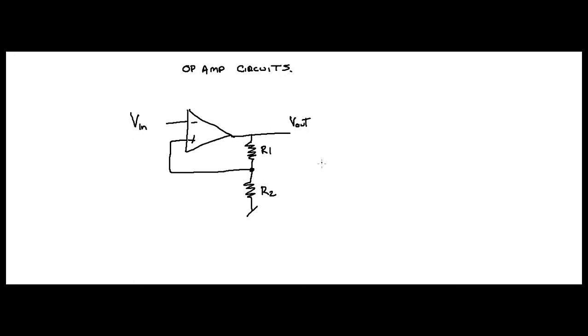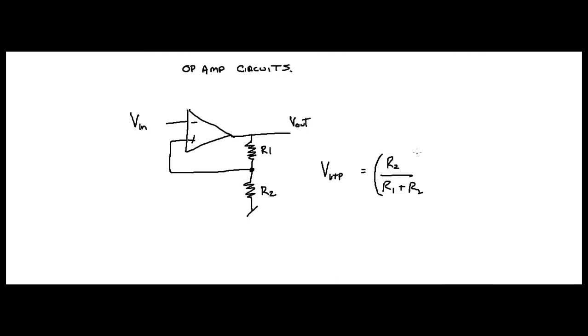So that voltage, I'll call it the upper trigger point, is going to be equal to R2 divided by R1 plus R2.